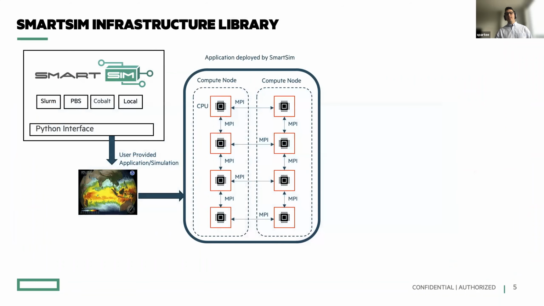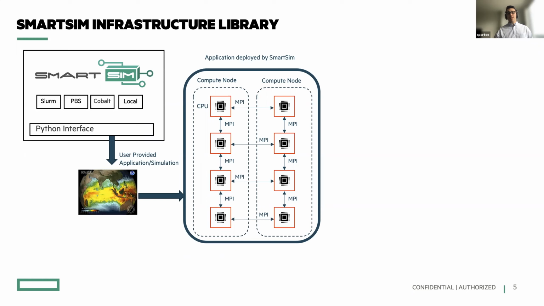So what does the infrastructure library actually do? Well, its job is to launch machine and deep learning infrastructure alongside HPC simulations. Its kind of secondary job is actually to launch your application in a way such that it will find the database automatically.